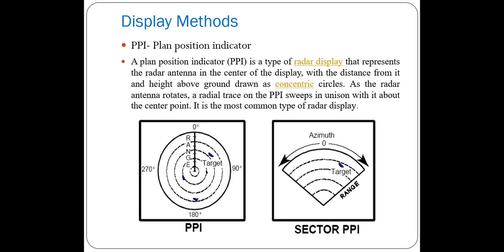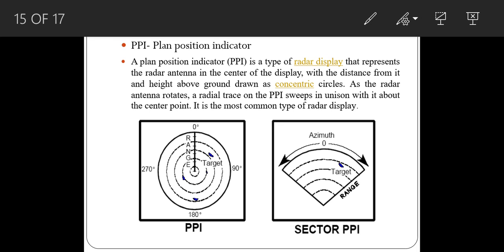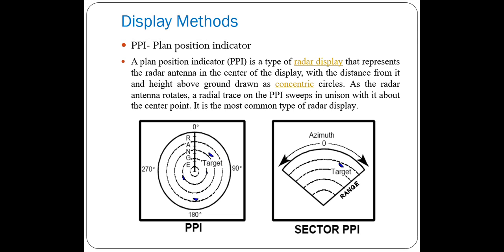Here are the targets. So this is an intensity modulation type system which indicates both the range and azimuth angle of the target simultaneously in polar coordinates. You can see this in the diagram.